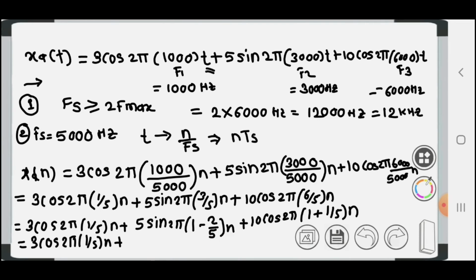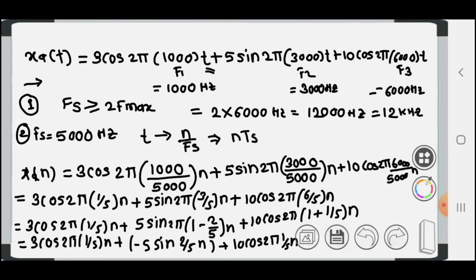As it is a multiple of 2π, we can directly write it as minus 5 sin 2π 2 by 5 n, plus this 10 cos 2π 1 by 5 n.